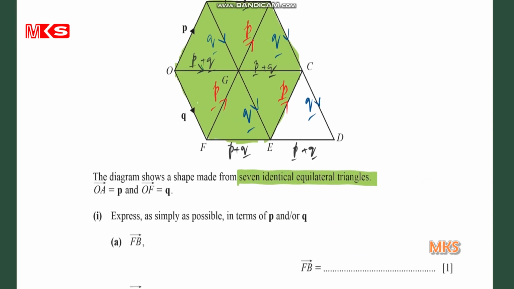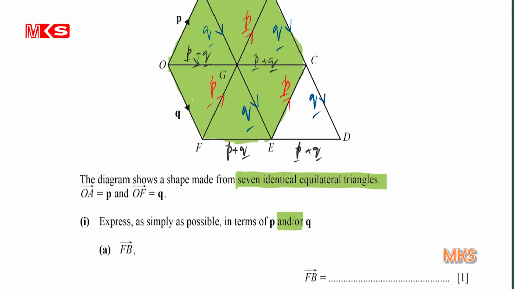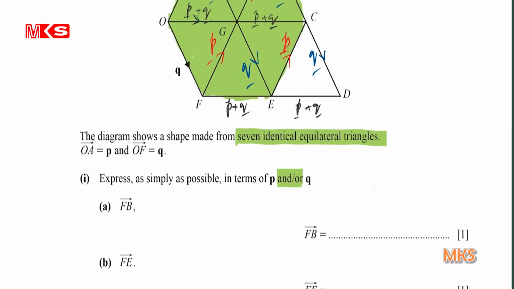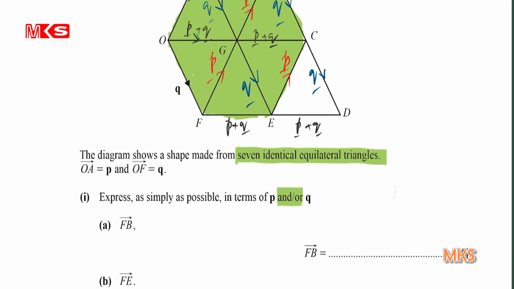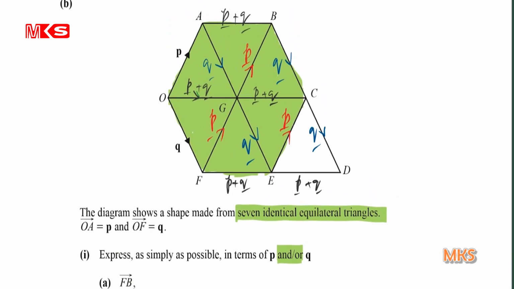First part of the question is: express as simply as possible in terms of P and or Q the vector FB. In terms of P and or Q means your answer can have only P, only Q, or both P and Q, whenever you express FB or FE.